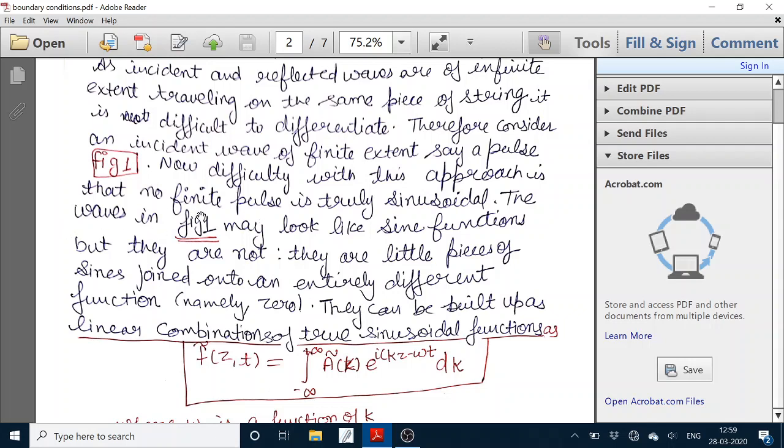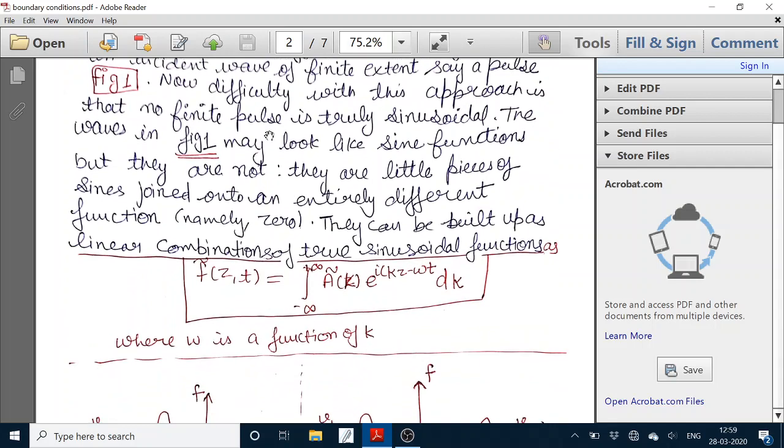We know that no finite pulse is truly sinusoidal. The waves in figure 1 may look like sine functions, but they are not. They are very small pieces of sine waves joined onto an entirely different function. So this can be built up as a linear combination of standard functions.